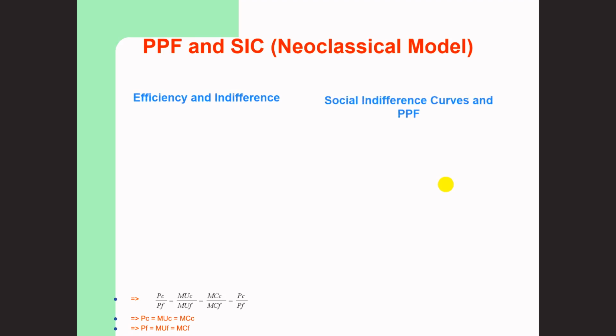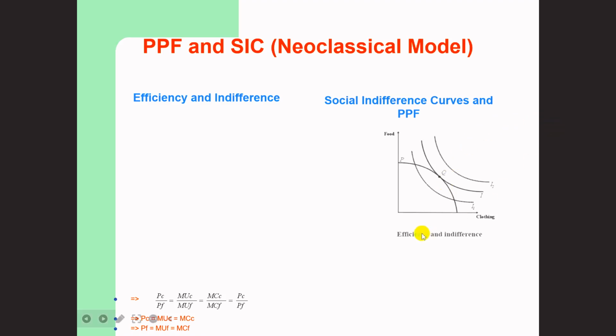So I'll be discussing efficiency and indifference, using the social indifference map and production possibility frontier to explain allocative and technical efficiency in one diagram.